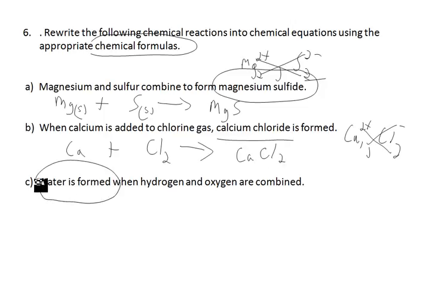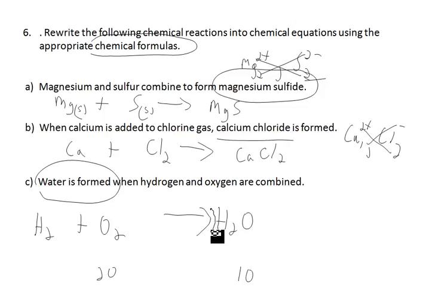Finally, water is formed when hydrogen and oxygen are combined. So H2O is formed, so it's a product, and it's formed from hydrogen gas and oxygen. Now this one's tricky because we've got to balance atoms. There's only 1 atom of oxygen on this side, and there are 2 of oxygen.